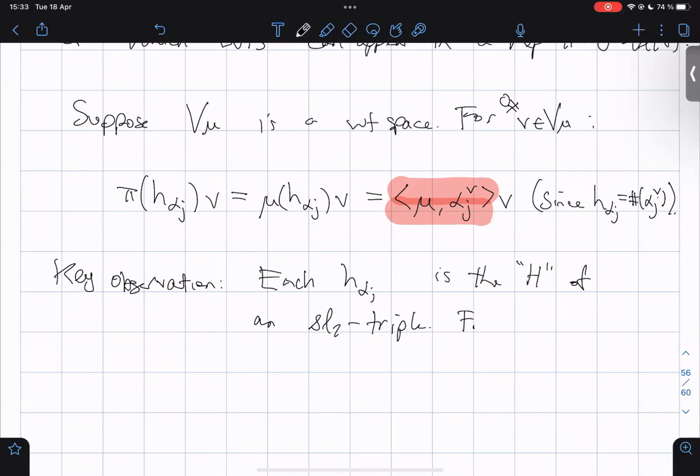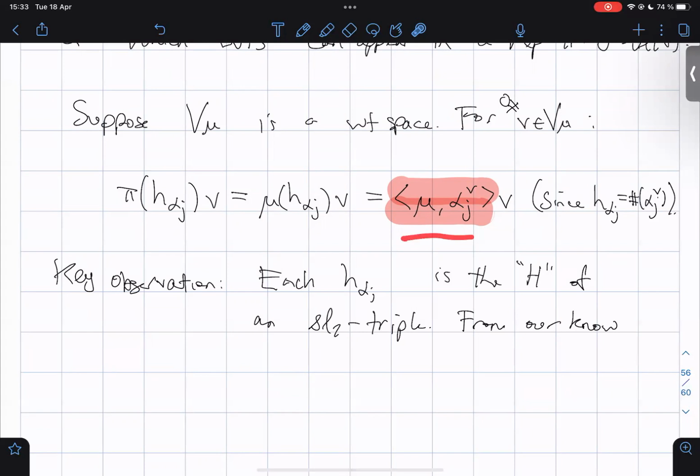We know what the weights appearing in SL2 representations are, right? These are all integer valued. A priori, we don't know anything about this beforehand.